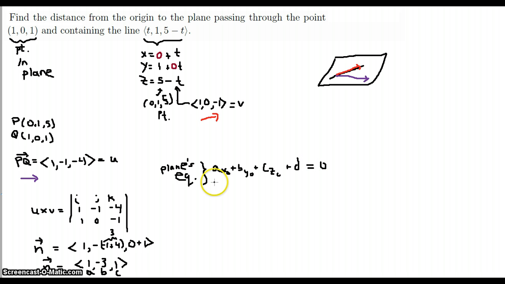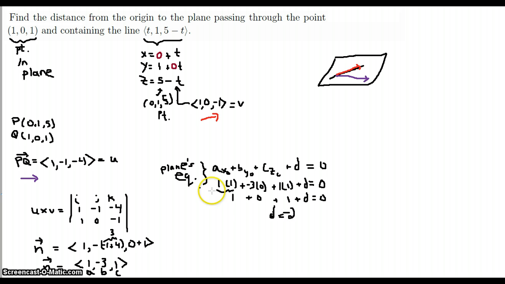So we take 1 times 1, negative 3 times 0, 1 times 1, plus D should be 0. Looks like D is negative 2.